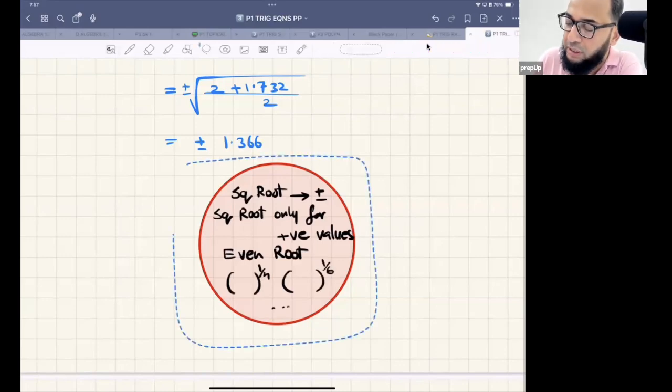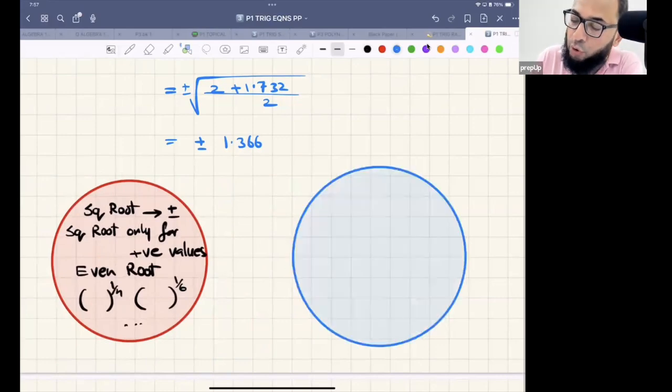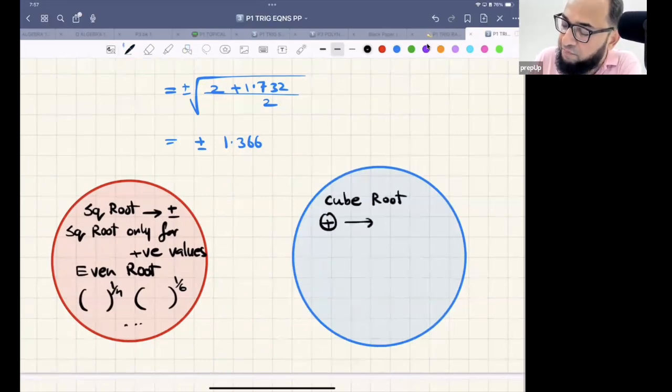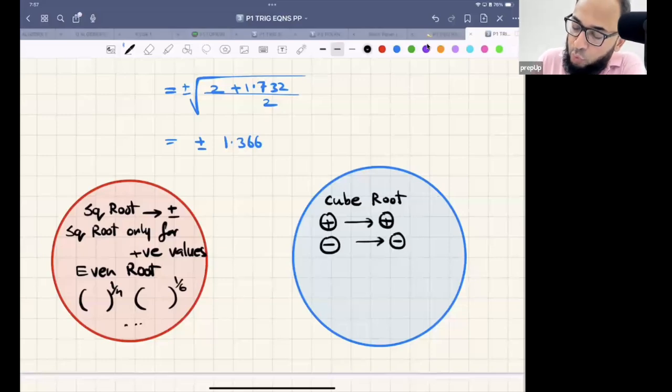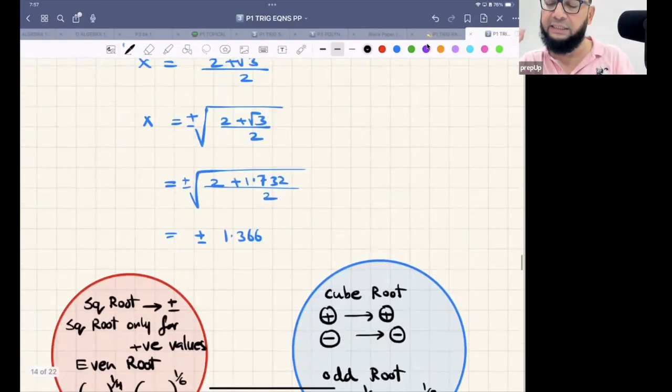So something very important, let me write this on the side. Now, when we talk about odd roots or cube root, a positive cube root will give me positive, a negative cube root will give me negative. Square root can only be taken for positive values and it will come out to be plus minus. That same thing is true for odd roots, whether it's raised to the power of 1/5, or 1/7 and so on. So keep this rule in mind.